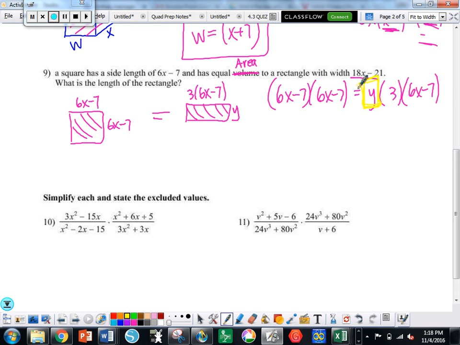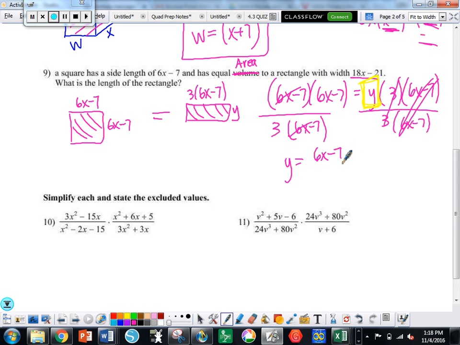In order to do that, we need to divide both sides by 3 to cancel those, and by 6x minus 7 to cancel those. So cancel, cancel. My final answer is y equals 6x minus 7 over 3.